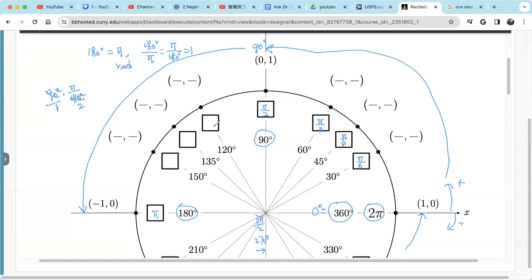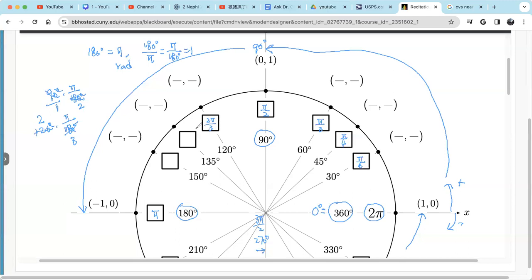For 120 degrees, we could do this: 120 degrees multiplied by pi over 180 degrees. Degree cancels, 0 cancels, so that's divided by 2. Let's divide by 6: 2 times 6 is 12, 3 times 6 is 18. So 2 pi over 3.